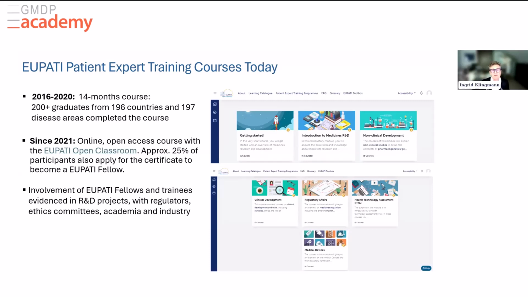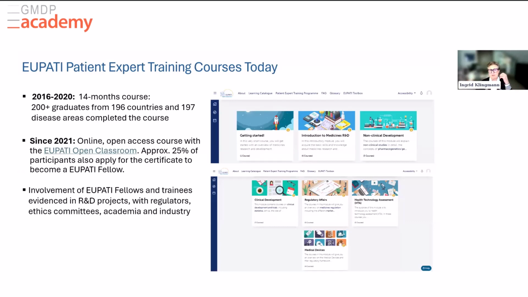And since 2021, this offer was enlarged by not only allowing patients to a course with a limited number, but everybody can have access to this course in the so-called UPATI Open Classroom. These are individual modules on introduction to R&D, non-clinical development, clinical development, regulatory affairs, HTA, and medical devices.